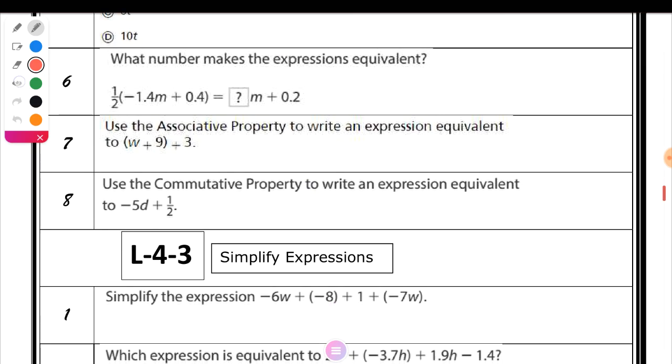I will multiply. Number 6, distribution property, multiply. So I need only this multiplication. So it's half. I can write it as 0.5 multiply 1.4, which at last equals 5 multiply 14.